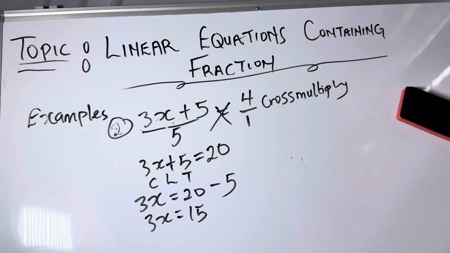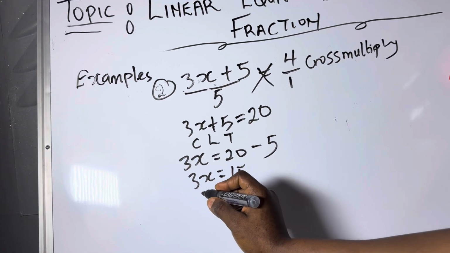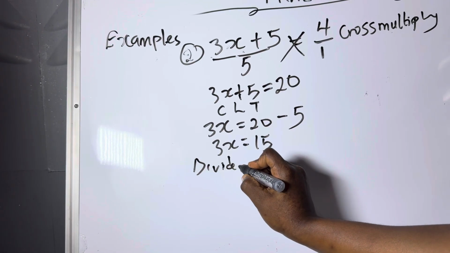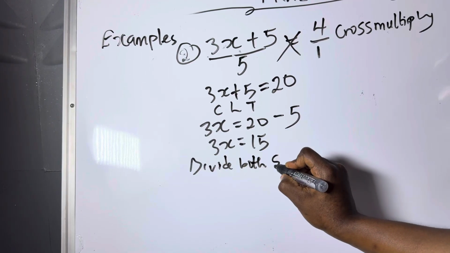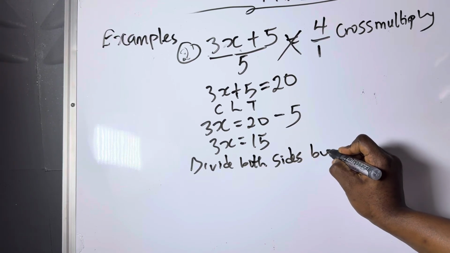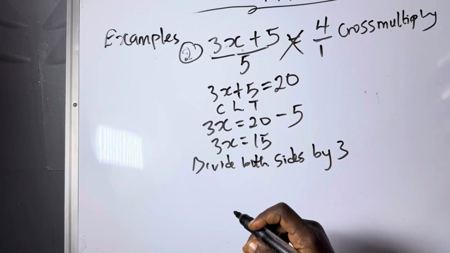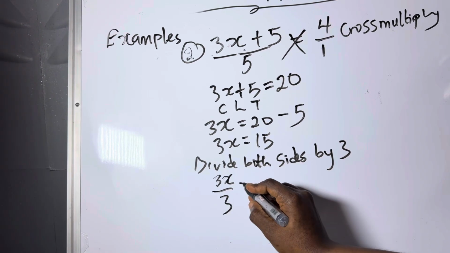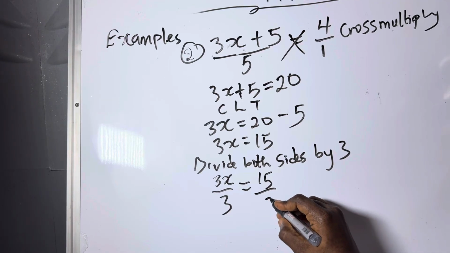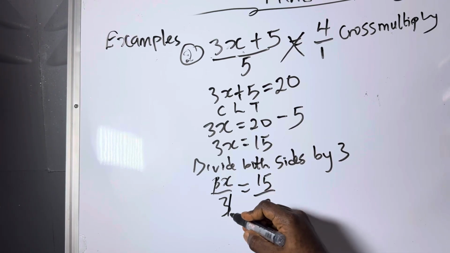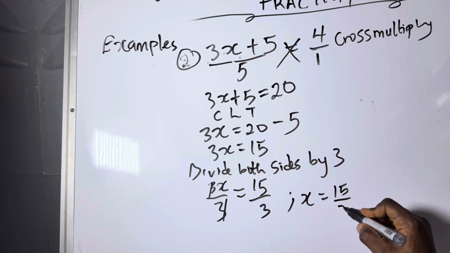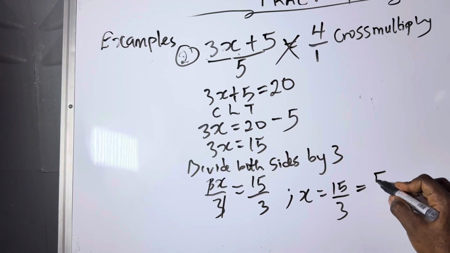Now, to make the x the subject of the formula, I'm going to divide both sides by 3, which means 3x over 3 equals 15 over 3. 3 cancels 3. x equals 15 over 3, which equals what? 5.